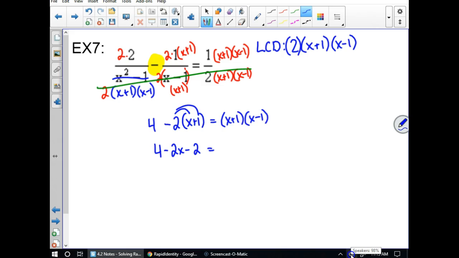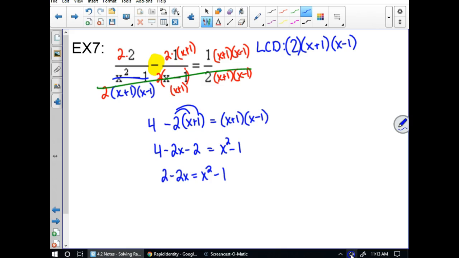And then over here on the right-hand side, you've got to FOIL that out, so you'll get x squared minus 1. That's the difference of squares there. Regular equation or a quadratic? Quadratic. So I'm going to put that 4 and that negative 2 together, so that's going to be 2 minus 2x equals x squared minus 1.